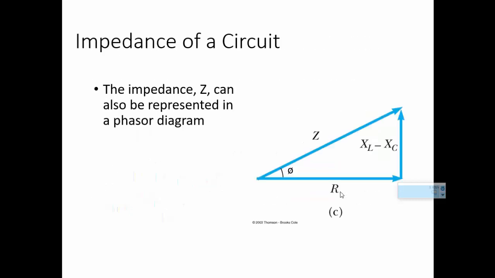Now if we come to such an arrangement, we are forming what we call the impedance Z, and this impedance is the total resistance of a circuit in AC. Impedance is the word we use for our resistance in AC.